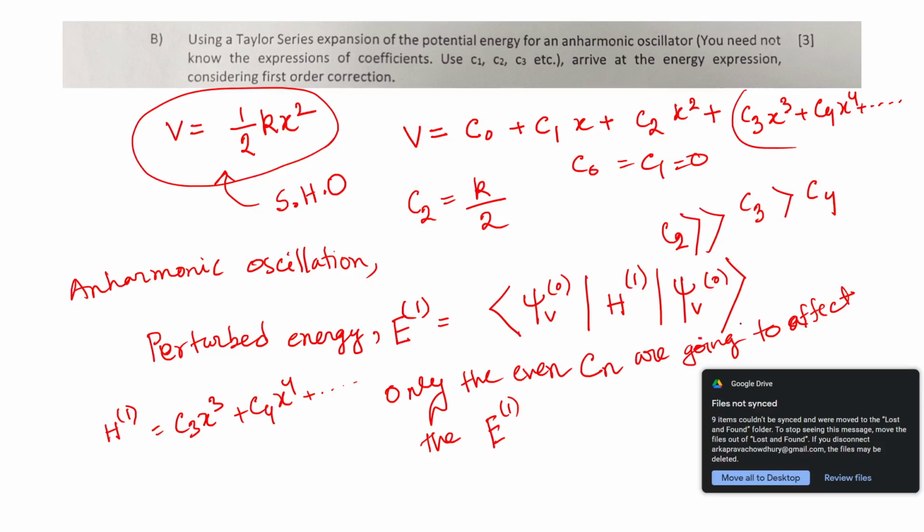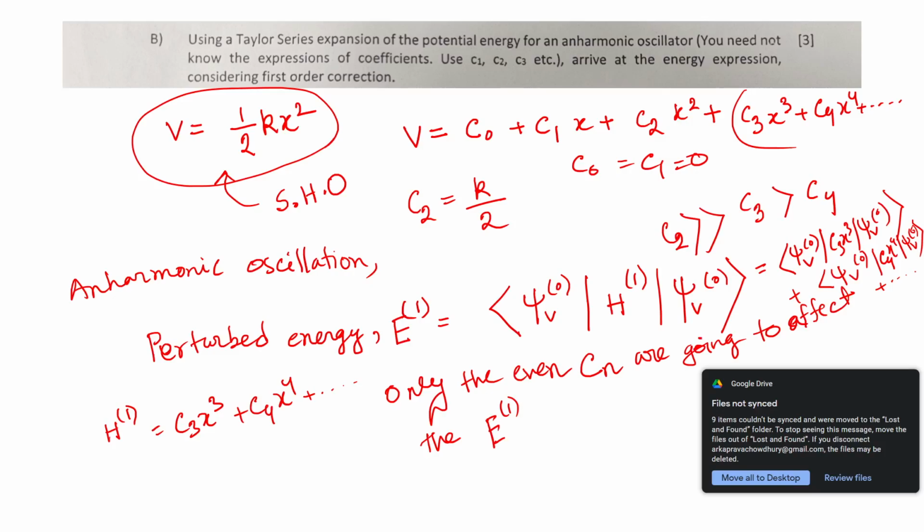So we can break it in terms of C3 x cube psi v 0, and then C4 x to the power 4 psi v 0, like this. Only the even Cns are going to survive, and that is going to contribute to my energy expression. Only this part is necessary for the discussion. You don't have to write the exact values.